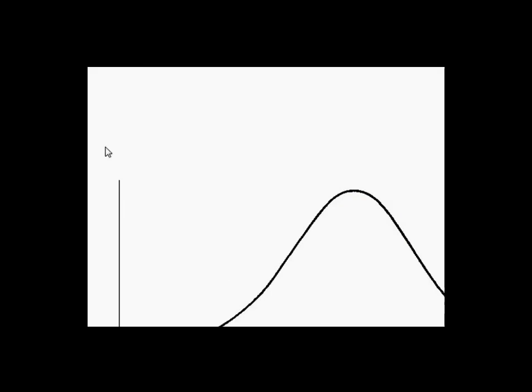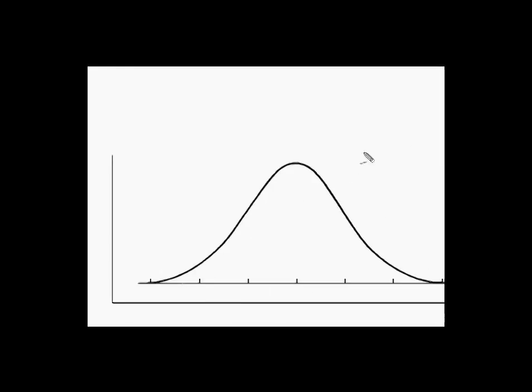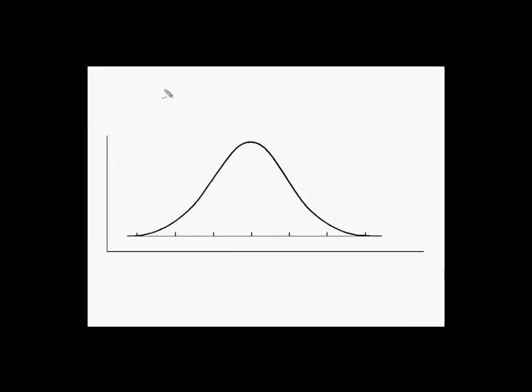All right, so here I am back at my normal curve. What I know is that under a critical value approach, I'm going to look at two things. I'm going to look at the critical value at alpha equal to 0.05 with a right tail test, right?